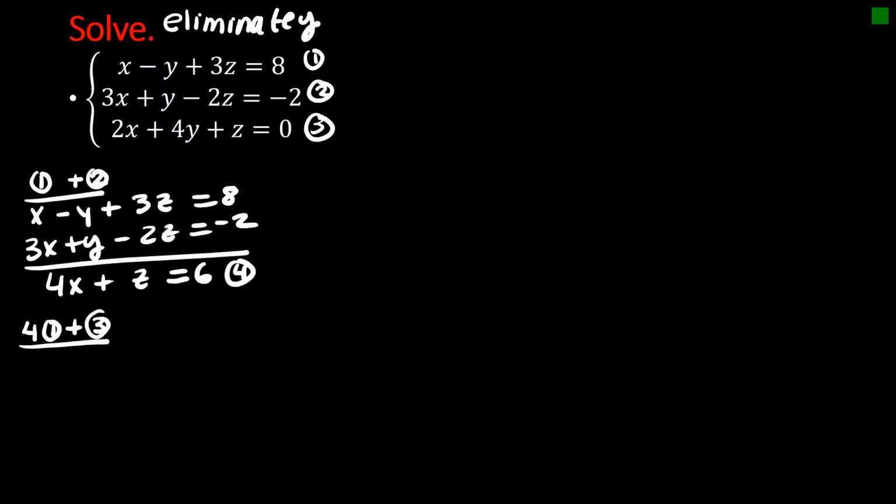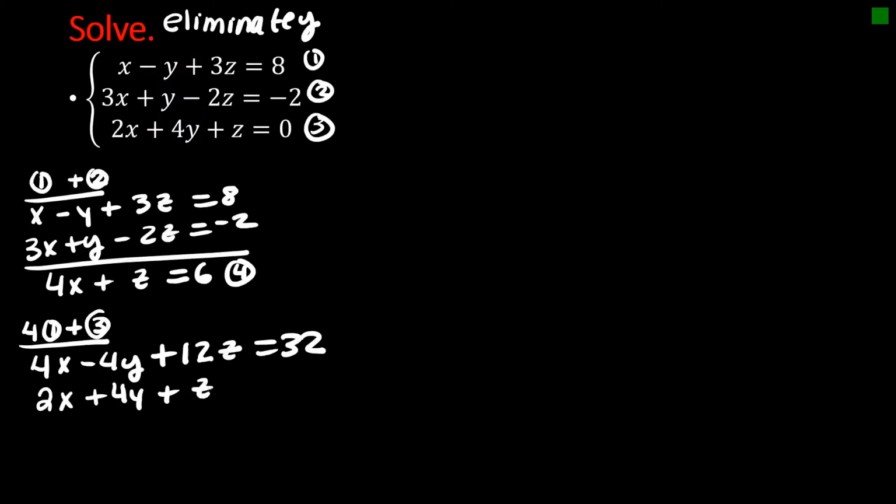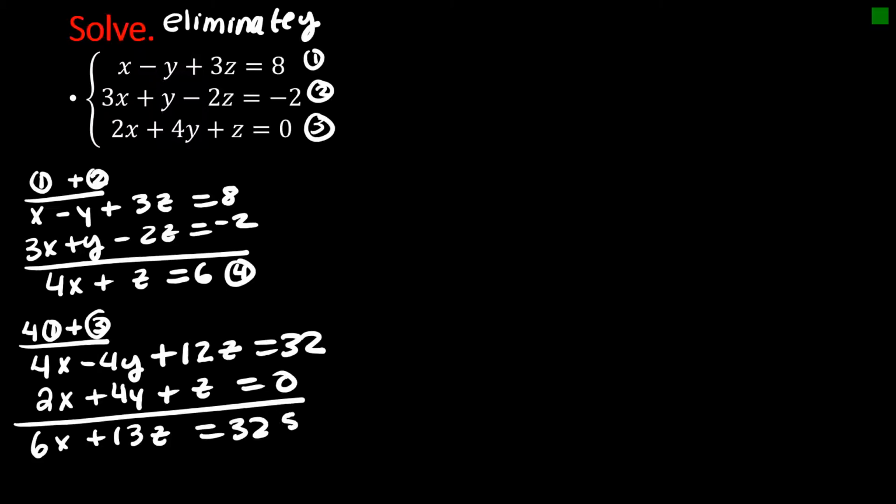So 4 times equation 1 is 4x minus 4y plus 12z equals 32. Equation 3 is 2x plus 4y plus z equals 0. And when I add, I get 6x plus 13z equals 32. And this is my equation 5.